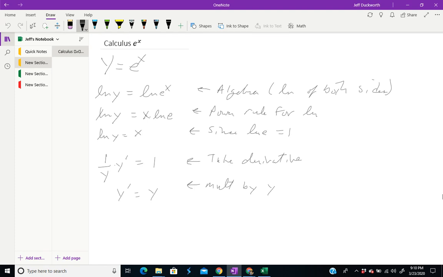And we know what y is in this case. We look up top, y equals e to the x, so I can substitute e to the x. So it's just substitution. And we are done. So we know that the derivative of e to the x is just e to the x.